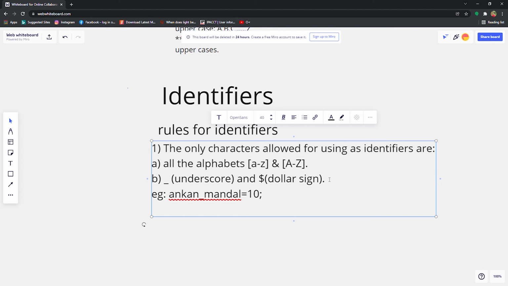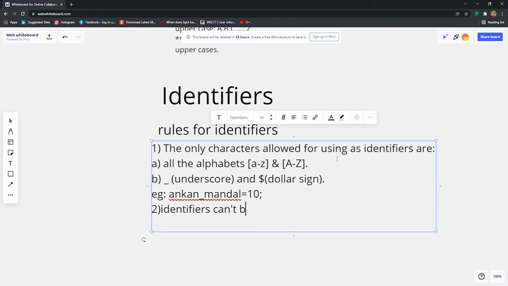Now let's move to the next. Identifiers can't be started with digits, that is 0 to 9.